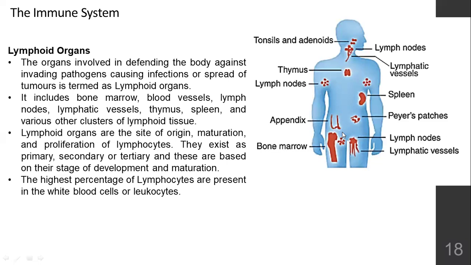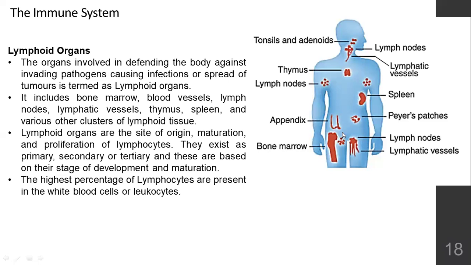The bone marrow is also part of this system, along with your blood vessels. You have specific lymphatic vessels as well. So: bone marrow, blood vessels, lymphatic vessels, thymus gland, spleen, and all the major clusters of lymph nodes are present in this system.